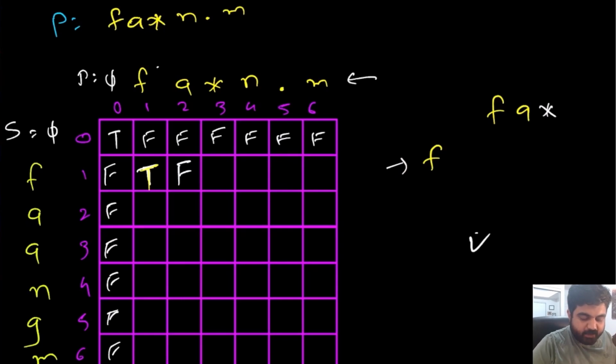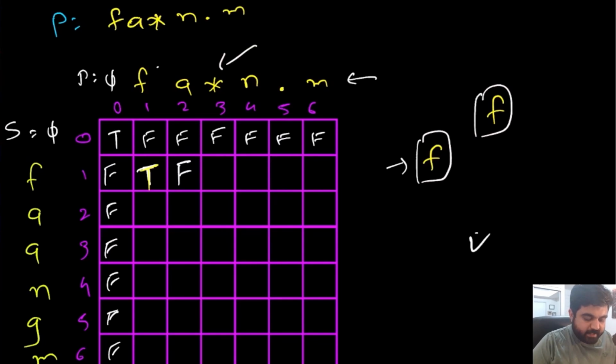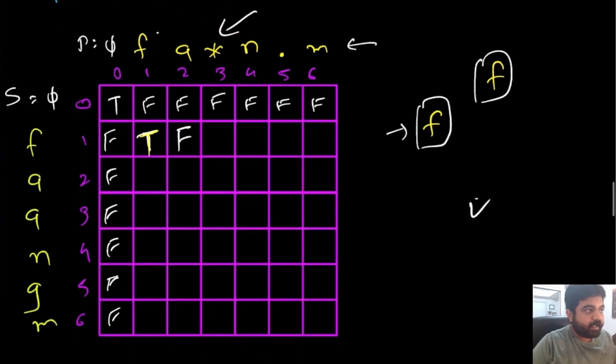Why? Because for this a star, we can consider this to be an empty string, or zero values of a. And if we do that, then we will have no values over here. So in this case, this f and this f match. And why did this happen? Because we were dealing with a star value.